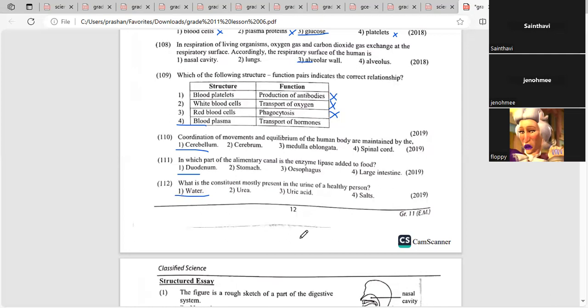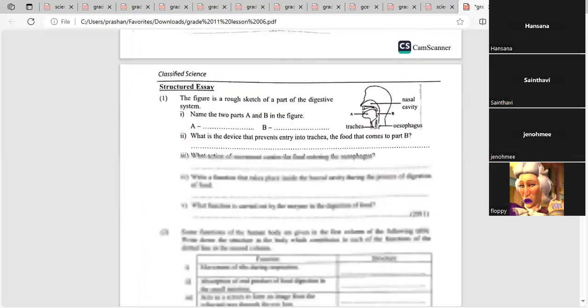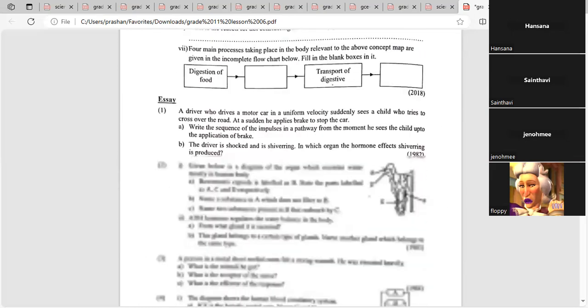We discussed the MCQ questions of 2016, 17, 18, and 19. Then we move into 2020 and 2021.